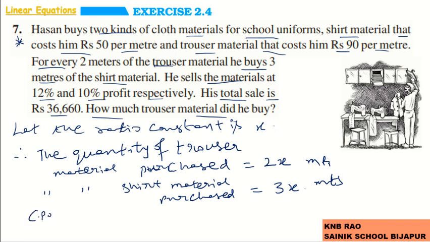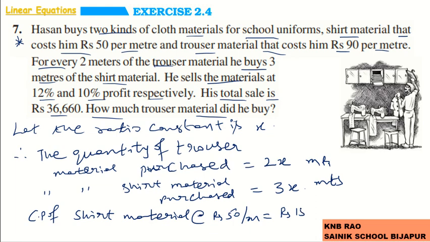So, cost price of shirt material at rupees 50 per meter is 3x into 50. So, rupees 150x.